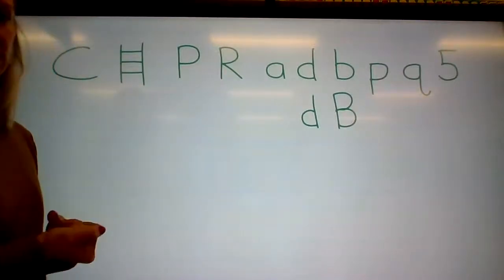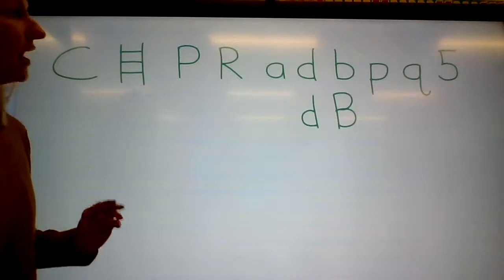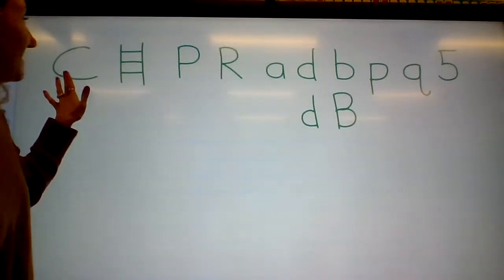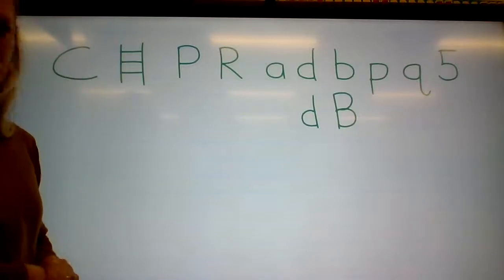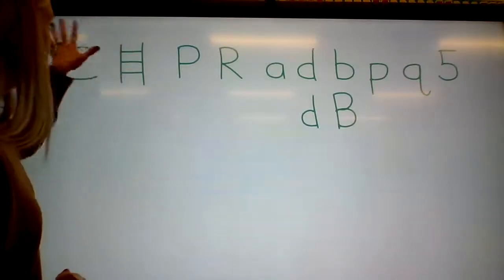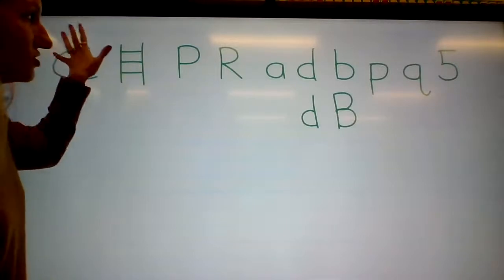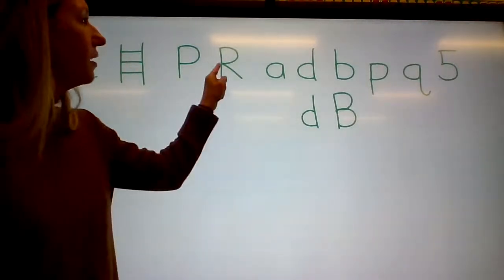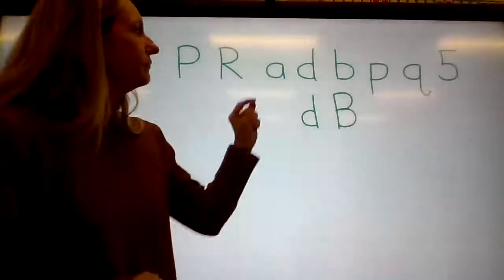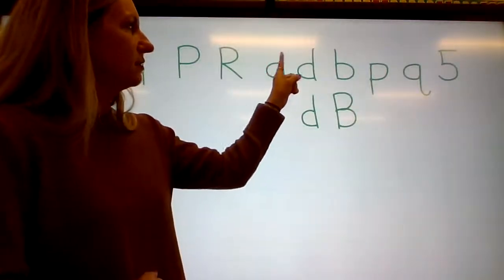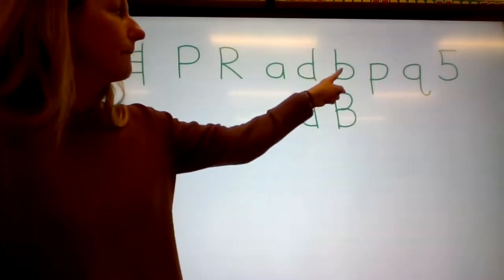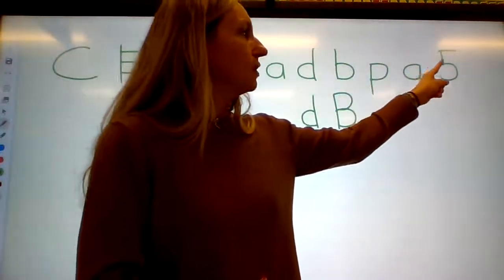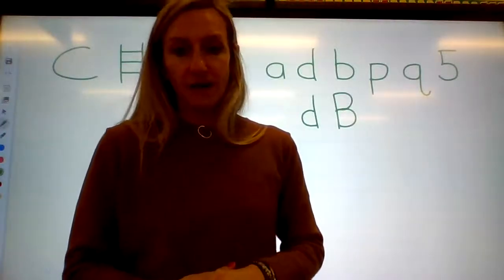So I want you to choose 2 that you had the hardest time with this week. The half-eaten cookies and the ladder shouldn't be that hard, so we're not going to work on practicing those 2, but you can do P, uppercase R, lowercase a, d, b, p, q, or the number 5.